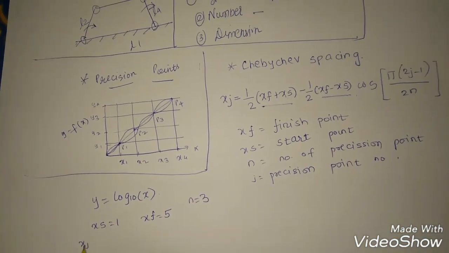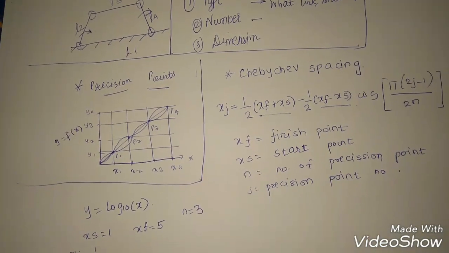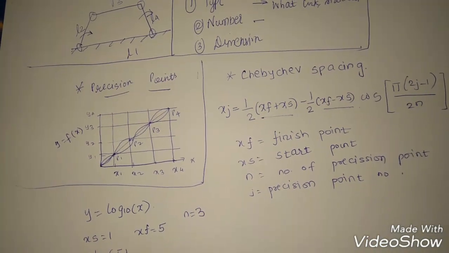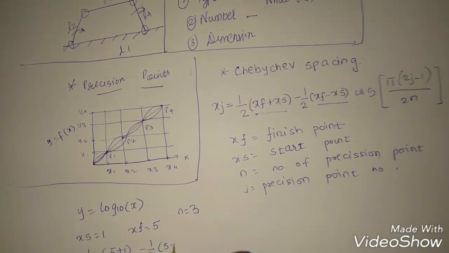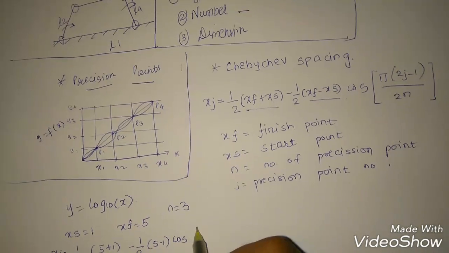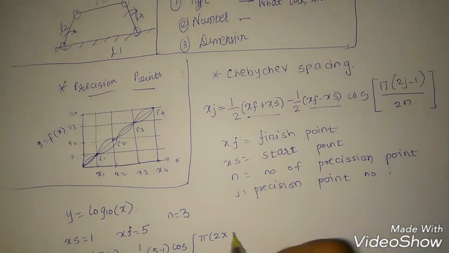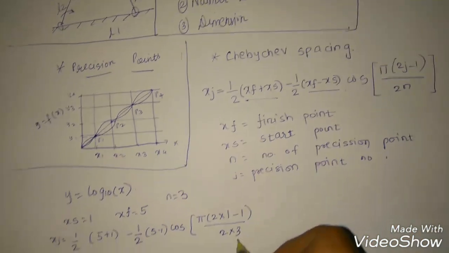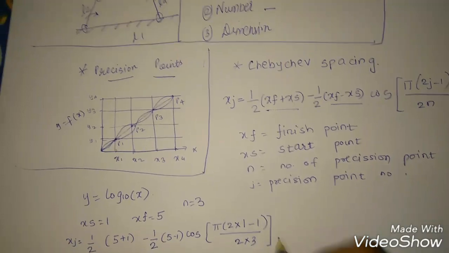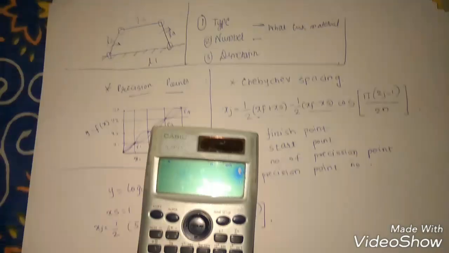So as per the formula mentioned, x1 will be 1 upon 2 (5 plus 1) minus 1 upon 2 (5 minus 1) cos of pi upon 2 into j, that is the first point, minus 1, upon 2 into the number of precision points, 3. This will be the formula for x1.